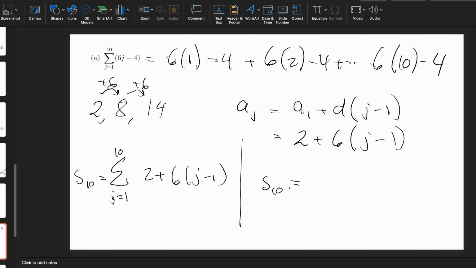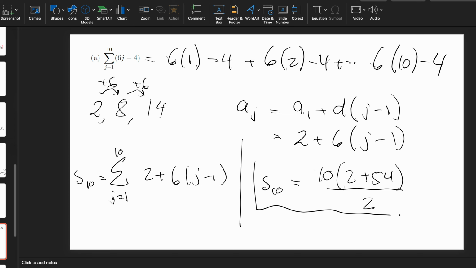A sub 1 is 2, so this will be 10 times 2 plus a sub n, which is my last term, 60 minus 4, which is 54, all over 2. And that's going to be some number. You put that in your calculator, you get the answer. Okay, good.